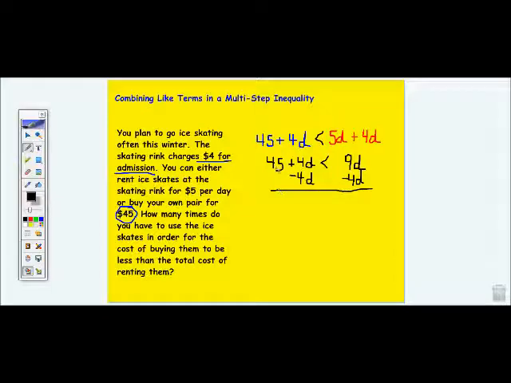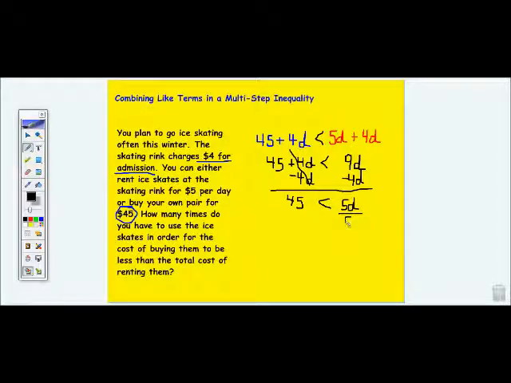Again, doing some computing. What remains on the left side is my constant term. 40 minus 40 leaves nothing. My inequality symbol is still less than, and 9d minus 40 equals 5d. Now I need to solve for my variable.